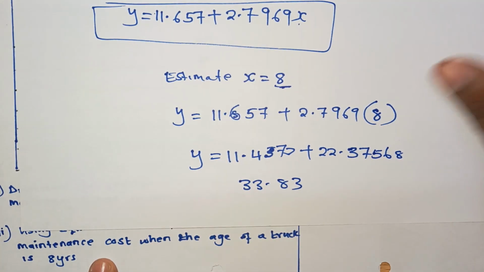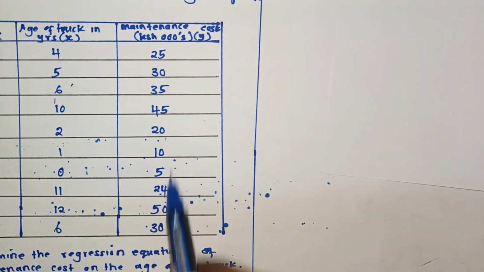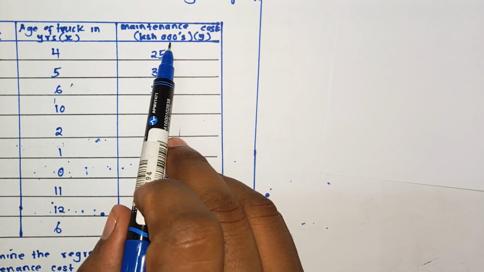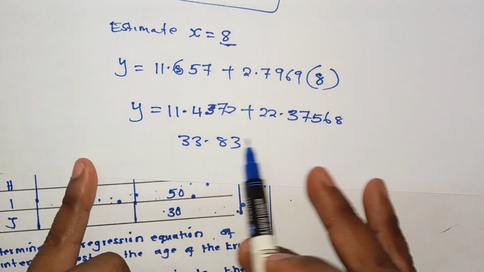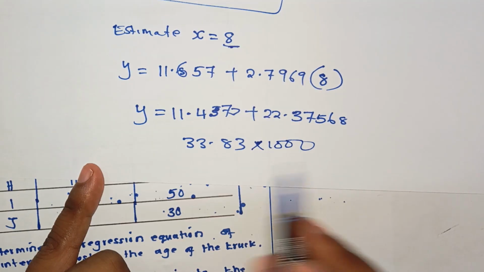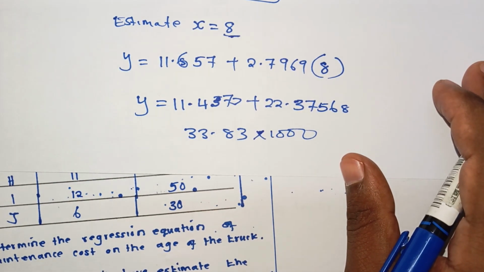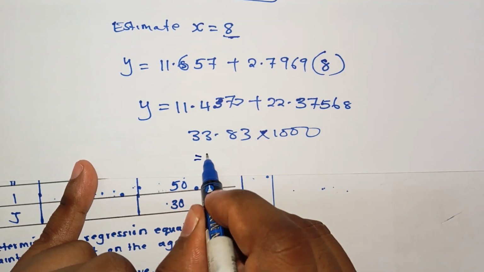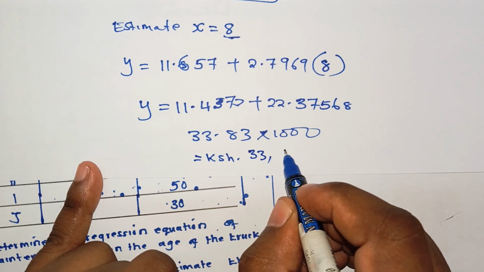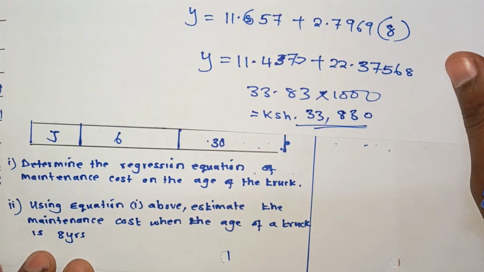And because in our question the values on the y column were rounded off to the nearest thousands, we need to multiply the value by 1000. So the maintenance cost is supposed to be Kenyan shillings 33,830.